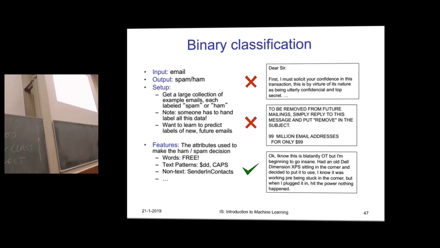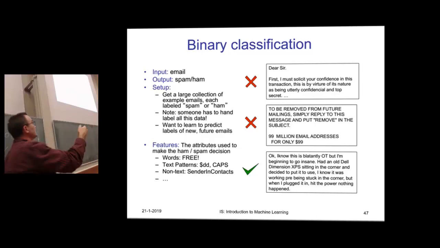In this simple example, we target the problem of spam filtering and see how that works. Our task for now is to come up with an algorithm that makes the distinction between the two classes: something being spam, in this case the right one, or being a proper email to someone.